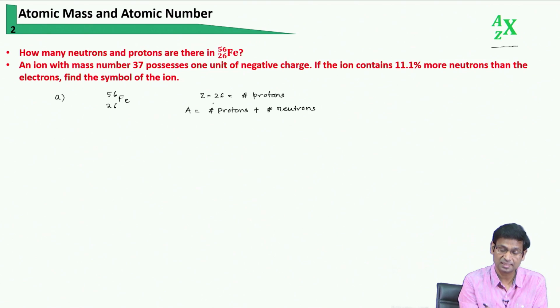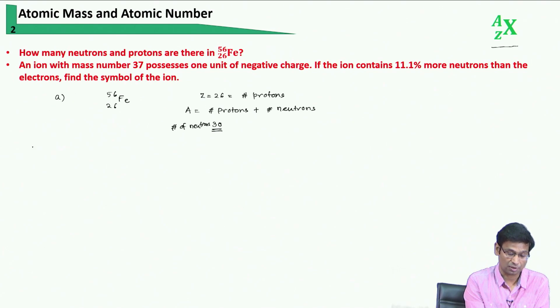Since 26 is the number of protons, the number of neutrons is 30. So this atom has 26 protons and 30 neutrons.